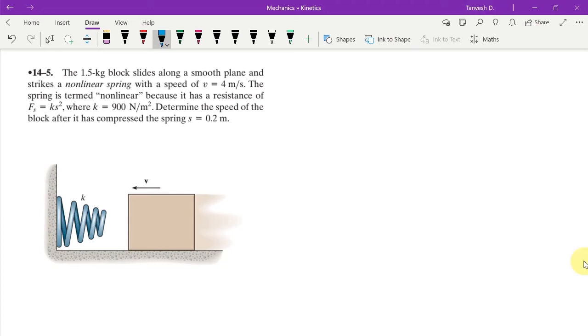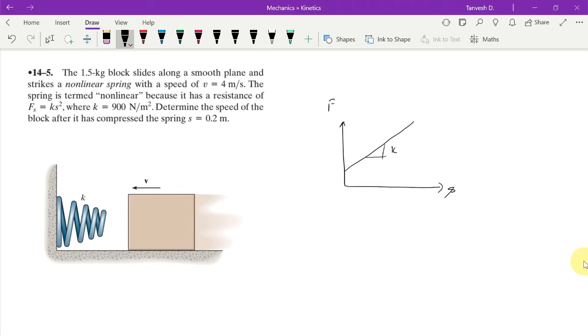Now these springs are called non-linear springs because in a normal spring, if you plot the graph between force and displacement, it would be a simple straight line, and the slope of this would give you the stiffness of that spring.